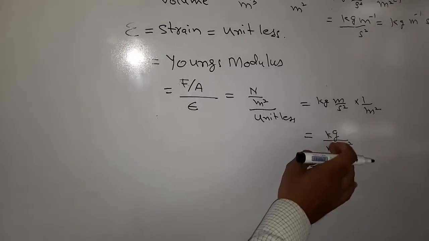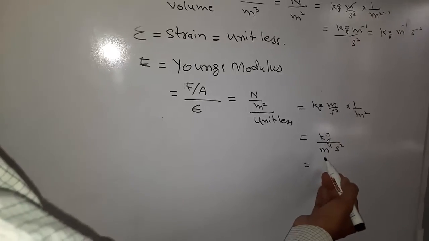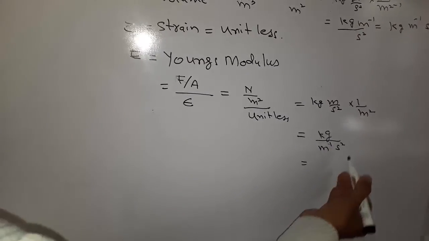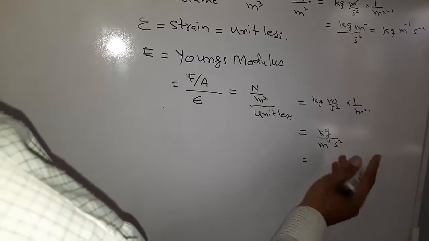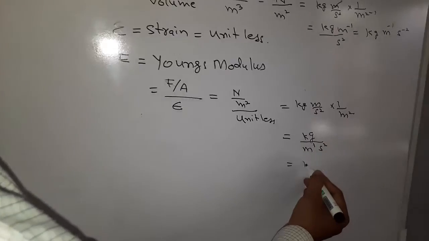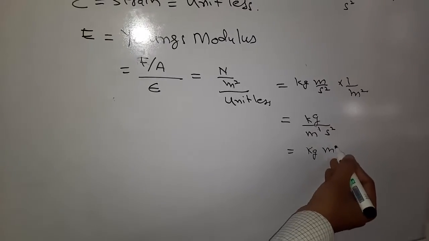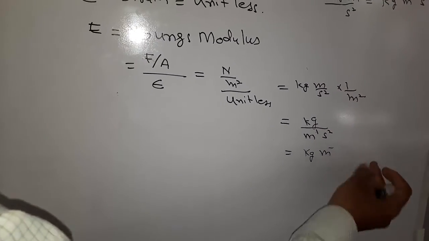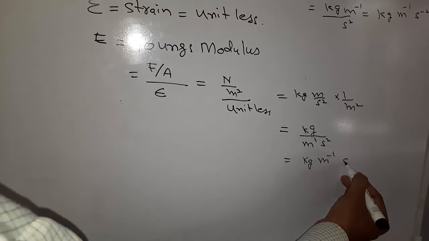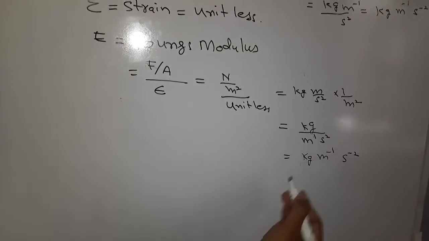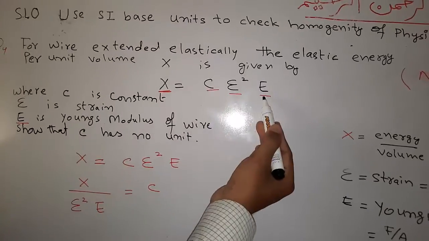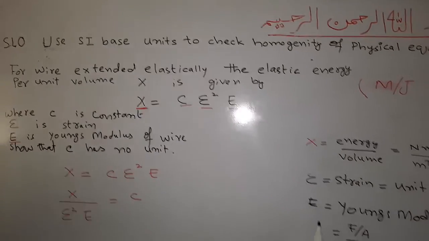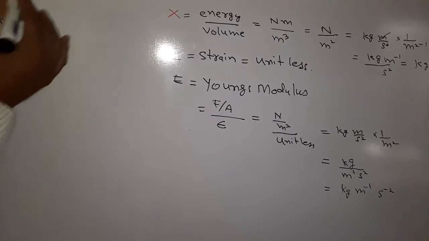So kilogram over meter in the denominator, and we can shift it to the numerator to have the minus 1 power: kilogram meter to the power minus 1, second to the power minus 2. Now replace it in the given formula. X we have done, C we have to determine, E we have as Young's modulus, kilogram per meter per second squared.